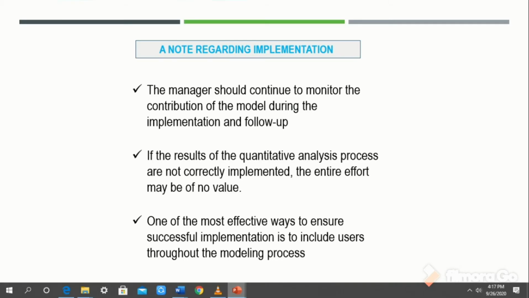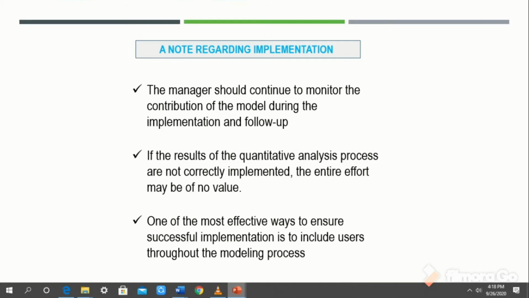So upon implementation, the manager should follow up because that is how you can distinguish whether it is successful or not. And if the results of the quantitative analysis process are not correctly implemented, the entire effort, of course, may be of no value. In this last part, if you let it go, your effort in the previous steps is useless.